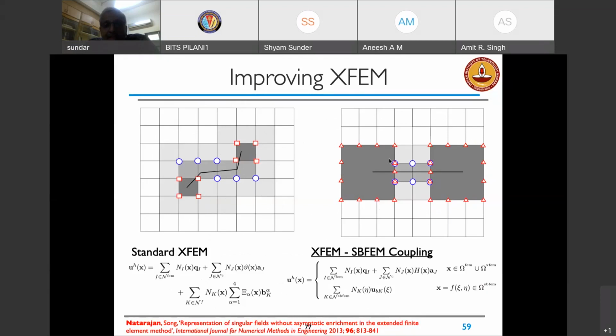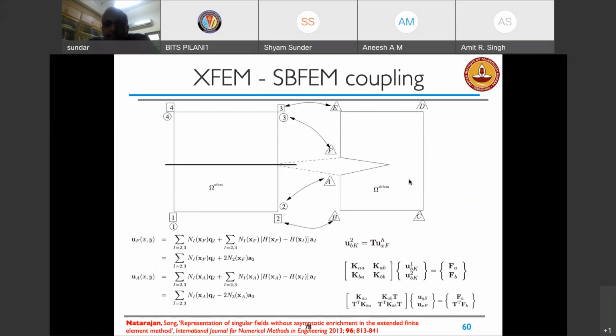So within this region, the solution is analytical, semi-analytical, whereas the rest is finite elements, and this region is extended finite element. So the beauty is now, like I said, we don't need to know enrichment functions a priori, and we don't need to remesh locally as what we would require in scale boundary finite element method.